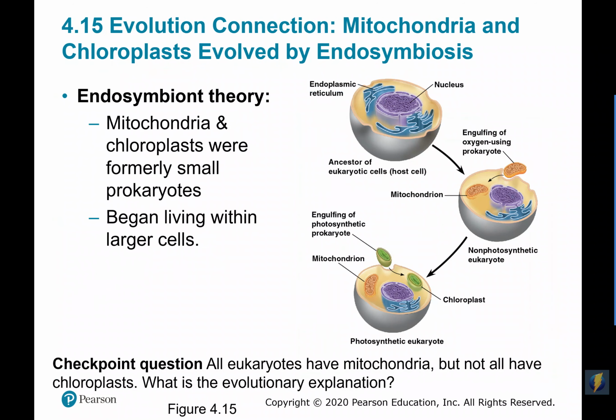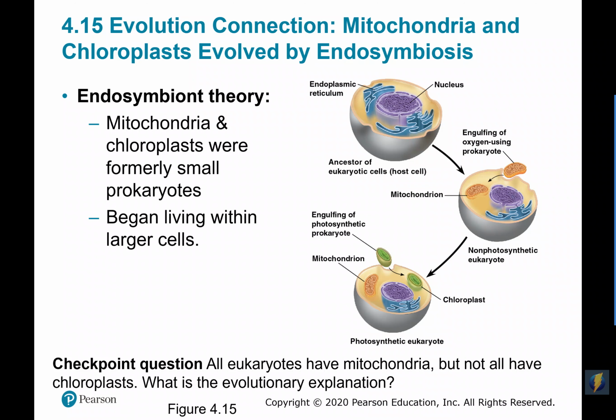Now, I mentioned that mitochondria have their own DNA. Well, so do the chloroplasts. And the reason the mitochondria and the chloroplasts have their own DNA, unlike all of the other organelles inside the cell, is that they were once free-living organisms. It's called endosymbiotic theory.